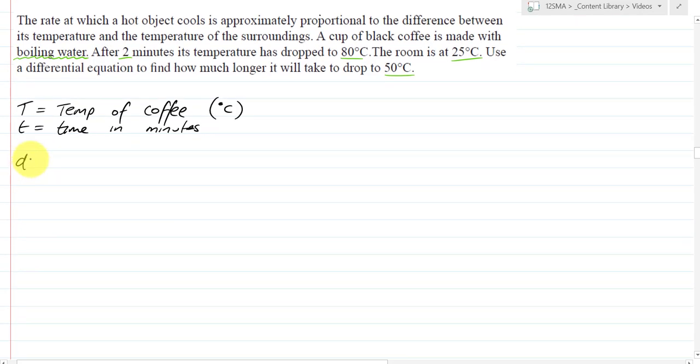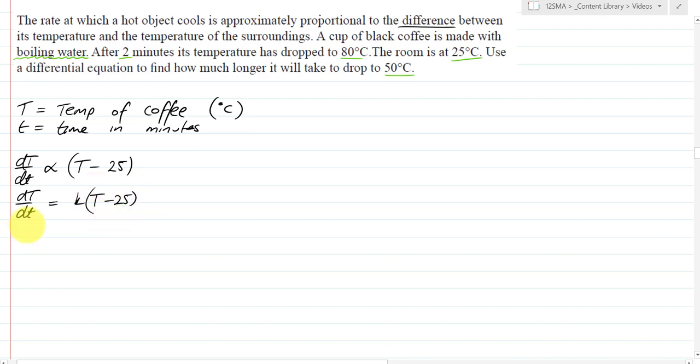So we know that dT/dt is proportional to, and this is Newton's law of cooling, T minus 25, which is the room temperature. That's where it's heading. So it's proportional to the difference, as we're told in the question, and therefore dT/dt is equal to k(T minus 25).